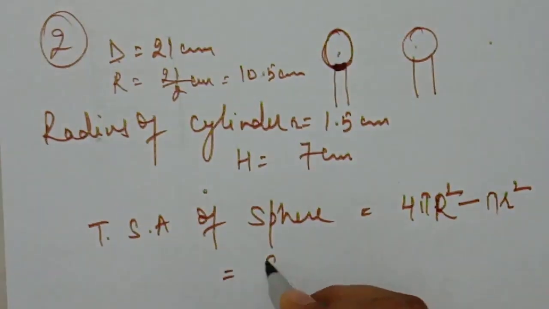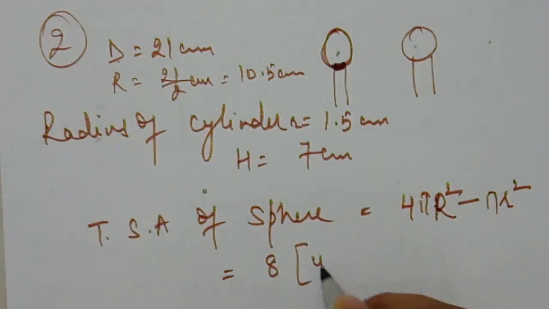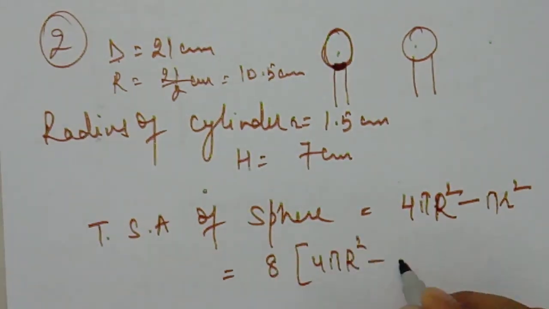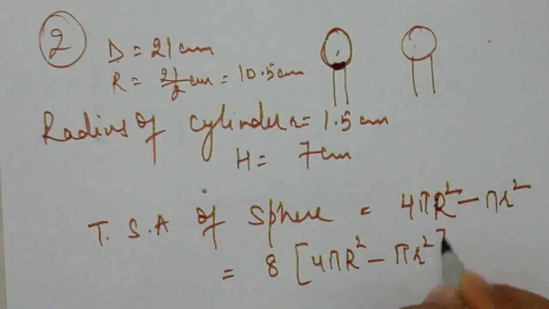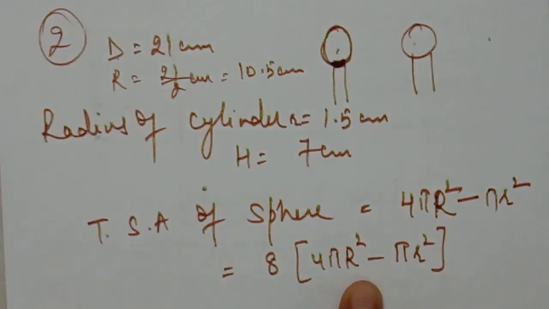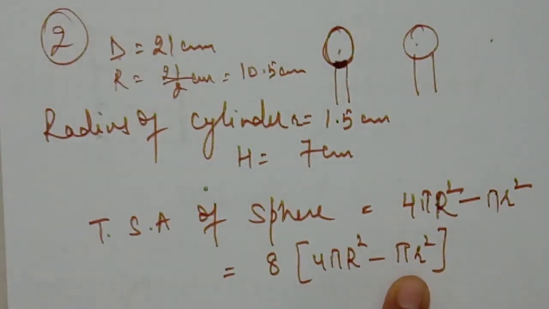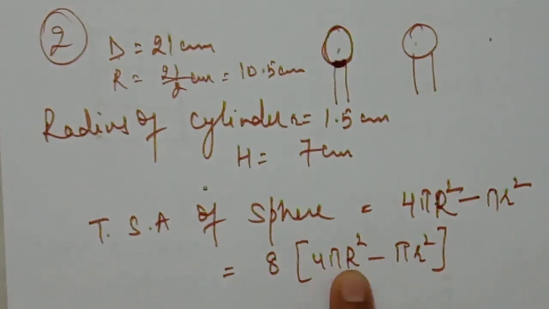So we have 8 spheres, so 4 pi R square minus pi r square. This is the area which has to be painted with the silver color. So sphere area minus the circle area which is covered by the cylinder.